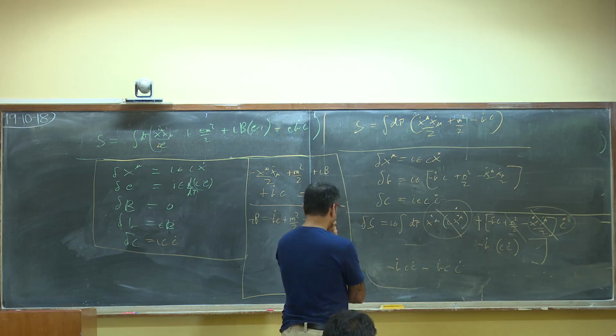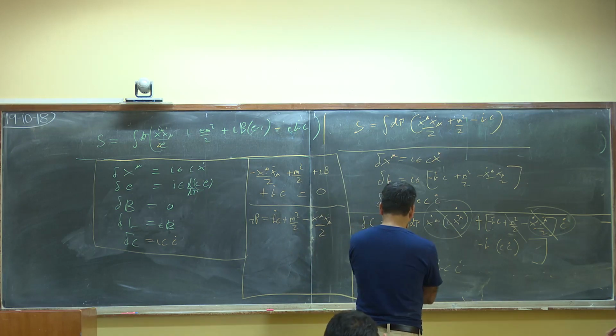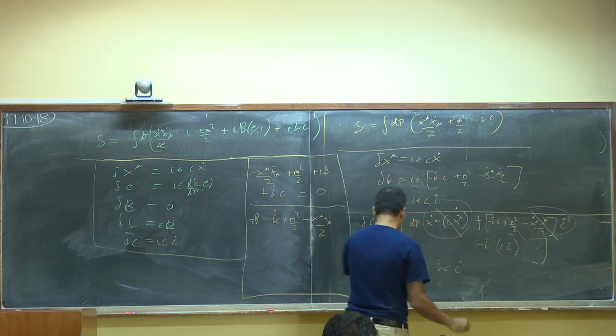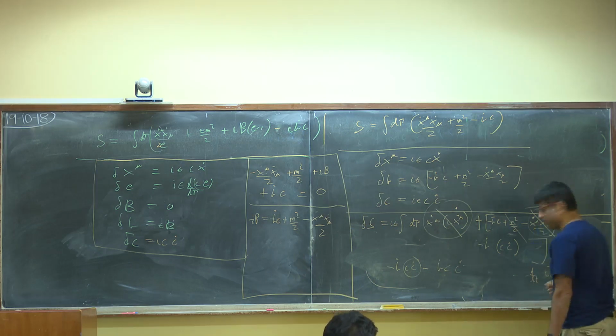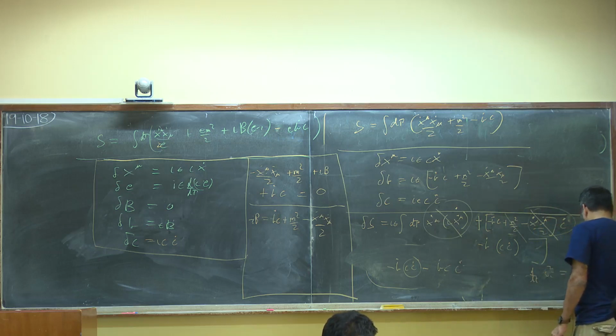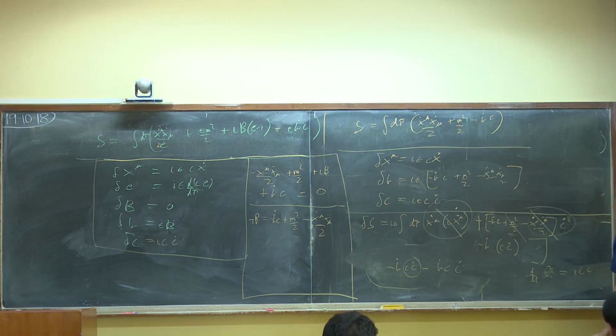No, b times c square. No, the two times. B times c square, b dot times c square which is 0, and a b times c dot. The point is that d by dt of c square is equal to c dot c times 2, but this was 0 because c square was 0.